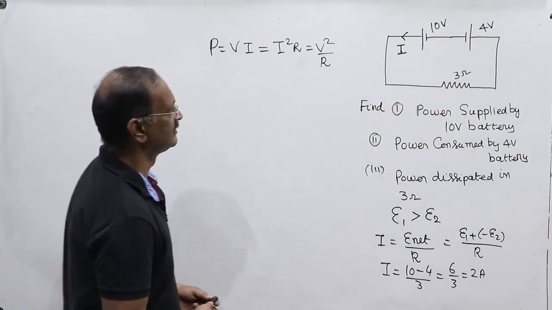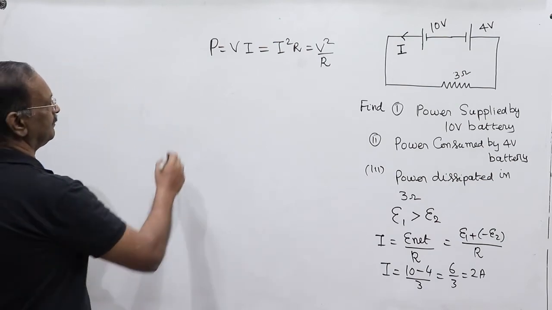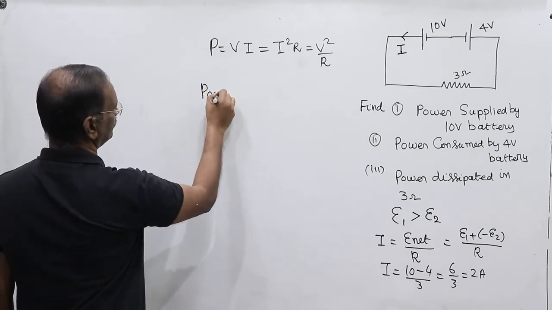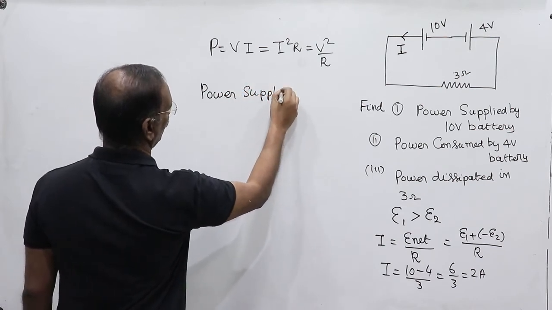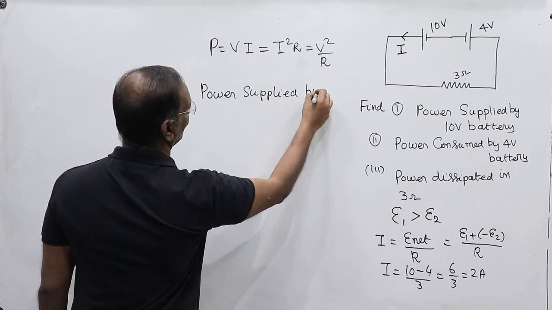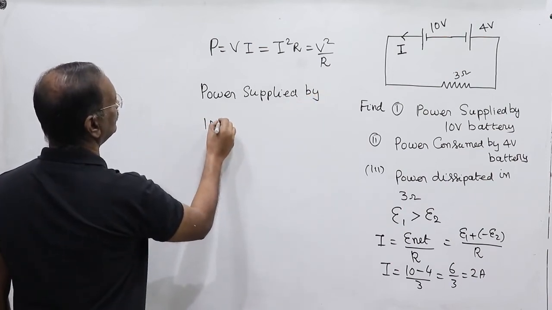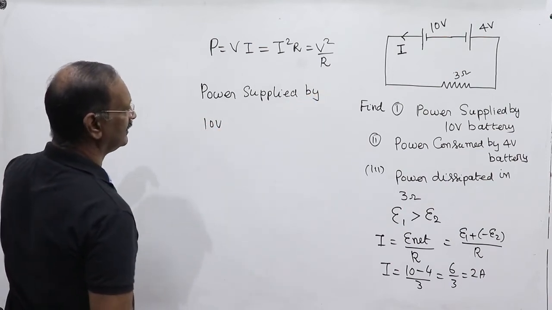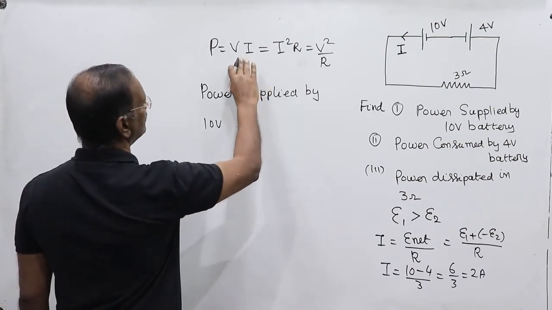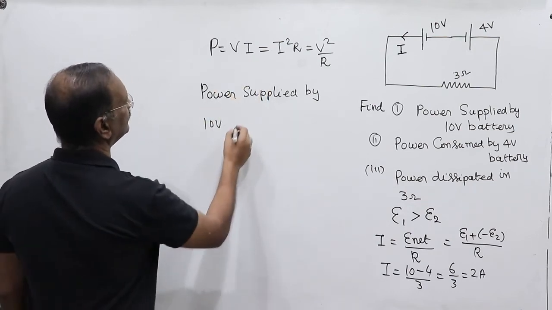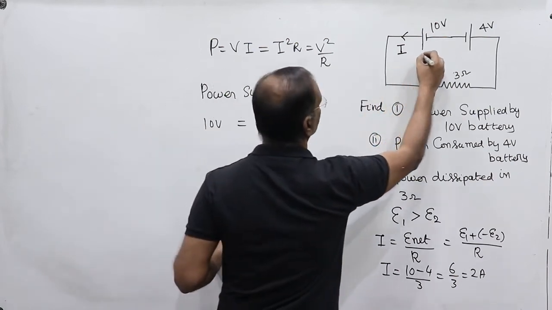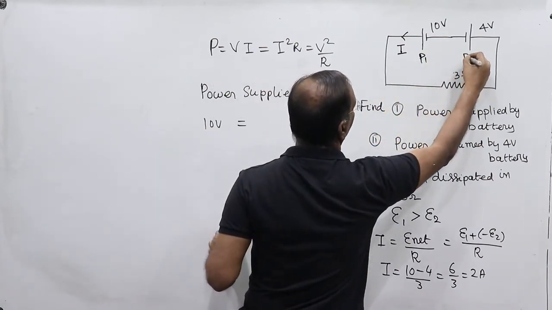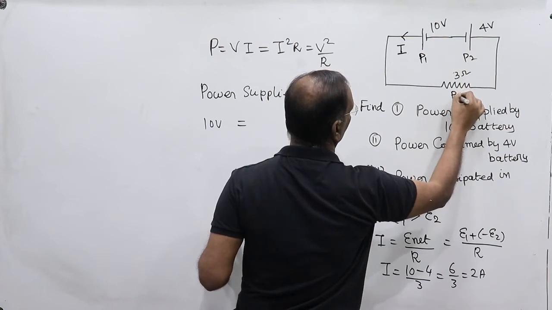So we can say, power supplied by the 10 volt battery, we can simply use the equation V into I. We call it power 1, this is power 2, this is power 3.